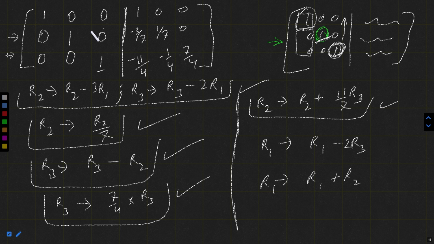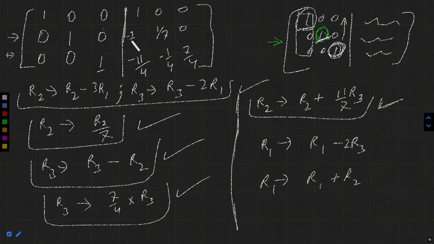And one thing I think I have forgot to make change here. Yes, I have forgot this thing. So let's do it. So what I did, I was at this step. Yes, okay, let me do it. So R2 means this. So this means R2 plus this thing. So R2 means this minus 3 by 7.